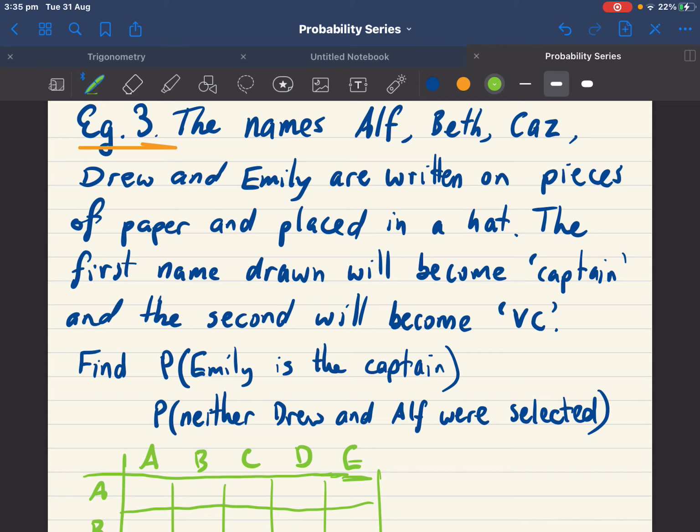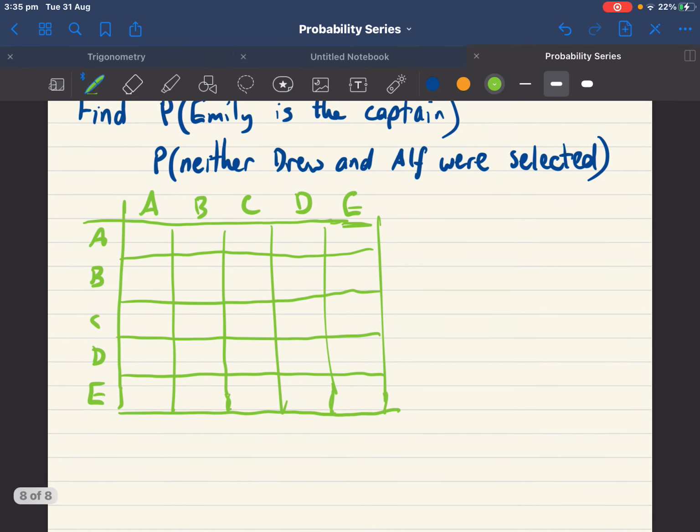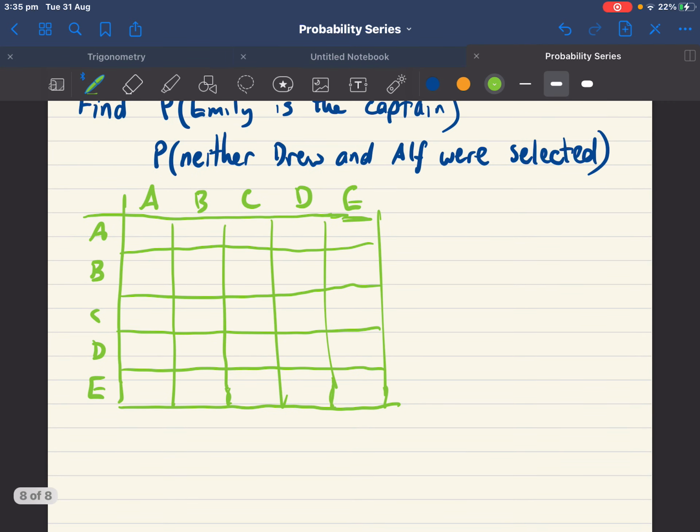Once that first name gets taken out, congratulations, they're the captain, they're not putting that name back in to potentially become a vice captain. That name's already been taken out. There's only 4 names left for the second name to be drawn. But anyway, we end up with this grid of 25.